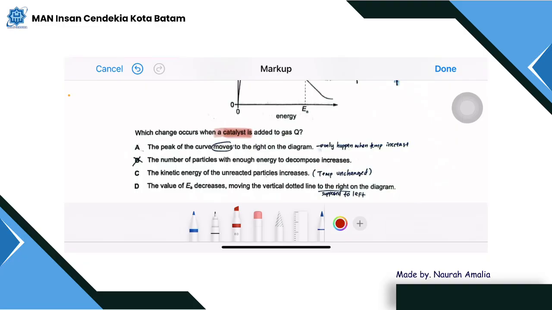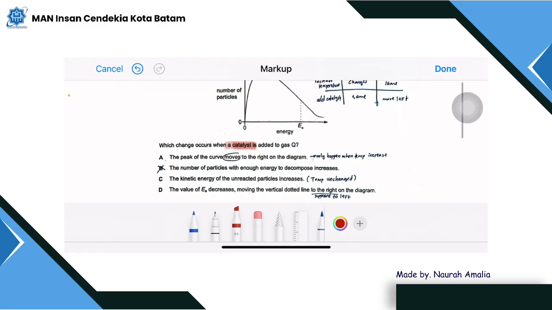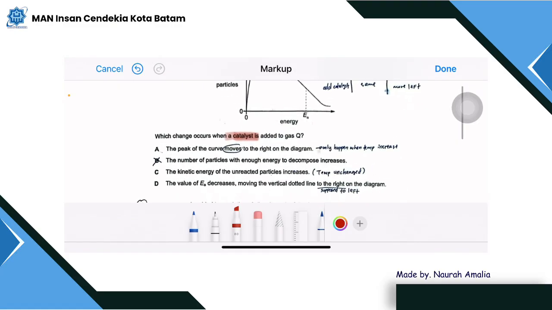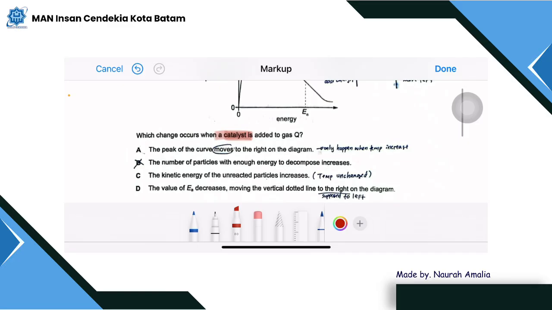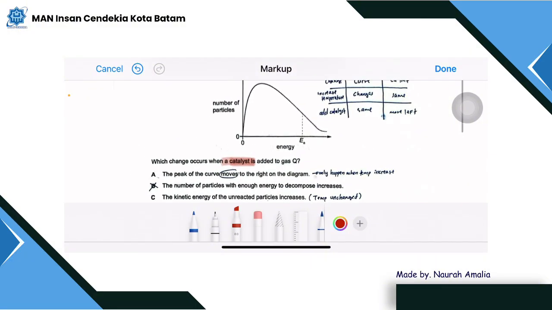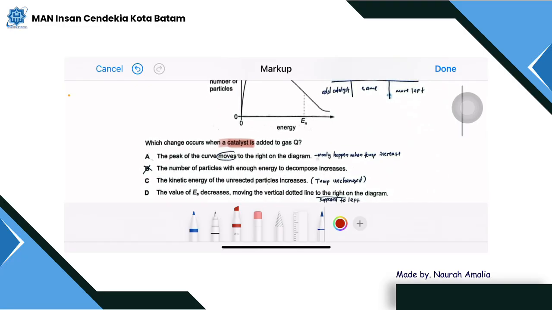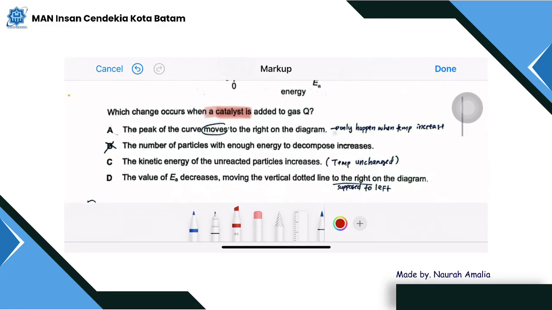Option B, the number of particles with enough energy to decompose increases. It's correct, yeah. And option C, the kinetic energy of the unreacted particles increases. From this section, the temperature will not change, so it is incorrect.